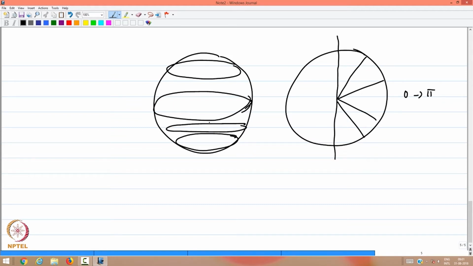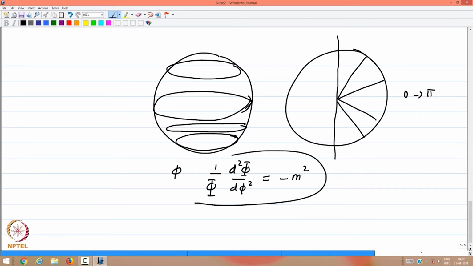Therefore, the phi equation, which is written as 1 by capital phi d squared phi by d phi squared, is equated to a number, minus m squared, where m is a positive constant.